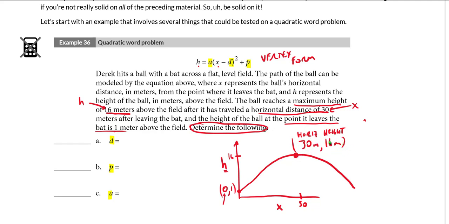And now that's pretty much all we need to get what D and P are going to be, because remember, in vertex form, D is the x coordinate. Remember, D is like the h, right?